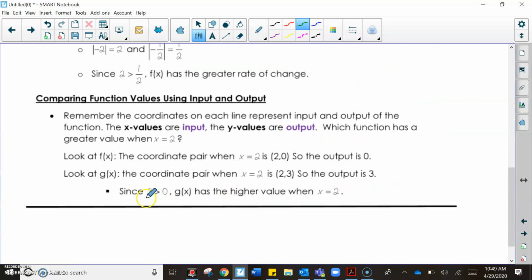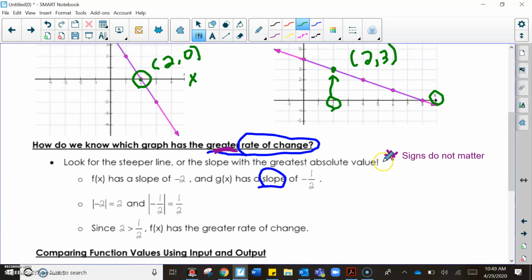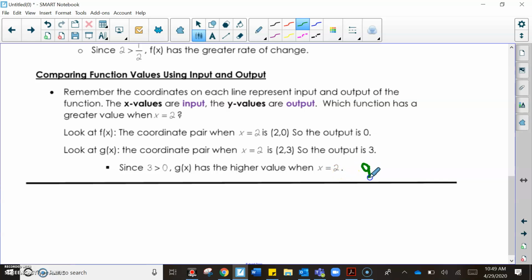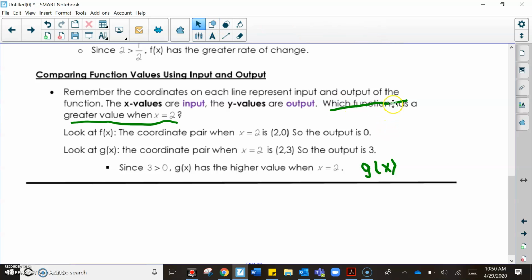Well, hopefully you notice that 3 is bigger than 0. So we would say that G of X has a bigger output. G of X is the correct answer here. Which function has a greater value when X is equal to 2? That's going to be G of X.